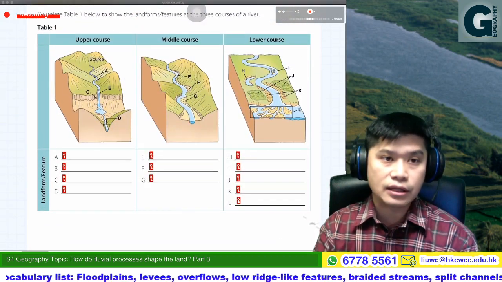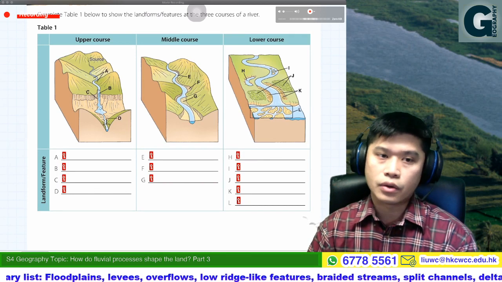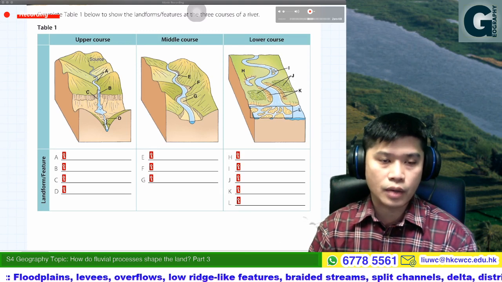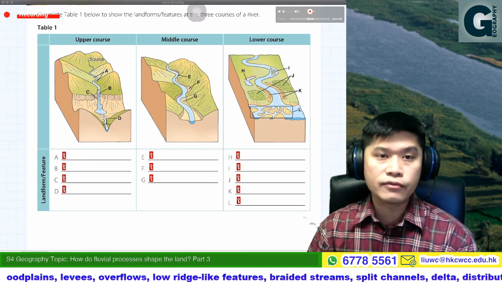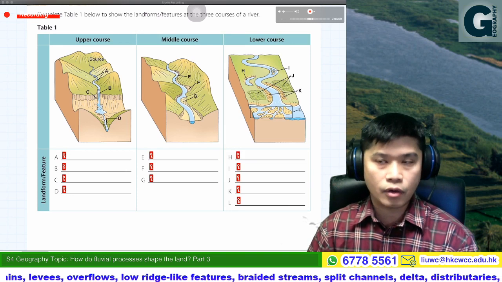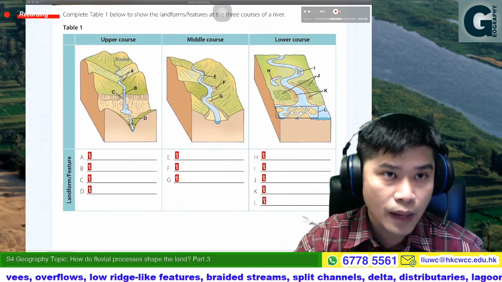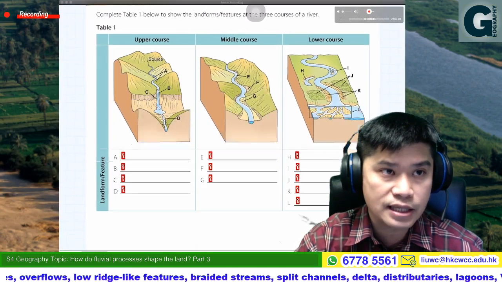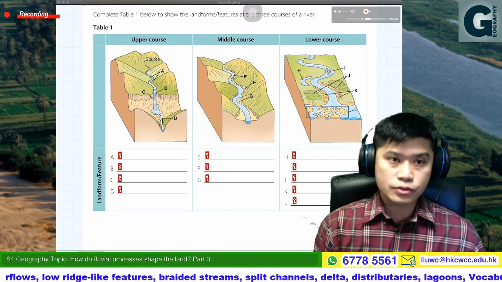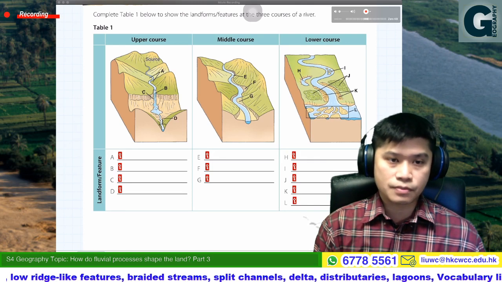In the next online lesson, I will check the answers with you, and I will also talk about some extra information about the delta, the meander or the oxbow lake. So remember to finish this exercise, and also please pay attention to Google Classroom, the email, and the announcements.